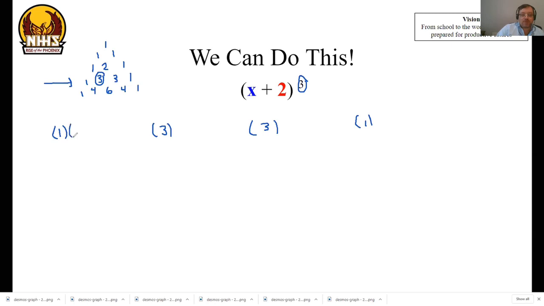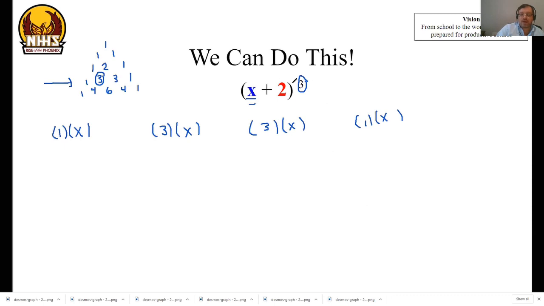Step 2 is I want to look at my first term, which in this case happens to be x. See the x right there? So I'm going to take the x and put it in each one of those as my first term. There's my x's. They're all in the first term.